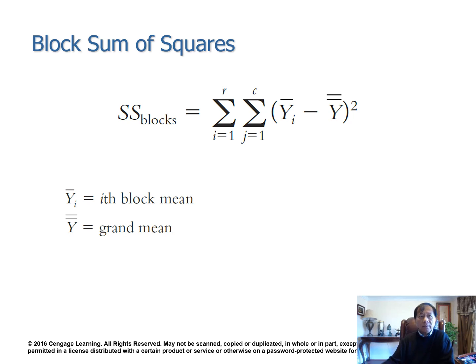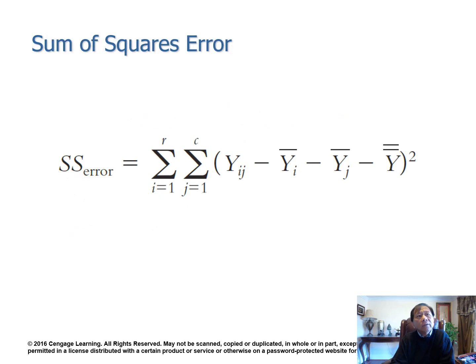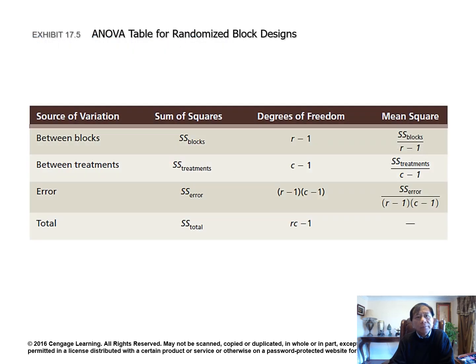This is your SS blocks. And then your sum of squares error is this. So for the ANOVA here, you calculate your sum of squares between blocks, between treatments, and error to come up with your sum of squares total.